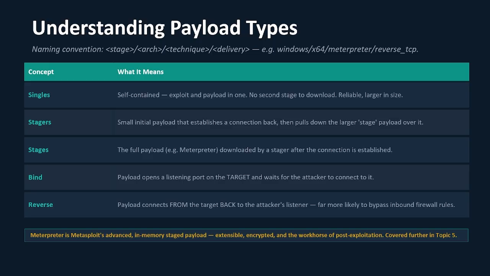So a lot of times these are like a netcat reverse shell or something of that nature. And then reverse is the payload connects from the target back to the attacker's listener. So that's a way to bypass various firewall rules. So you will get exposed to all of this through the homework and through the lab. So it will start to make a lot more sense as you do it.